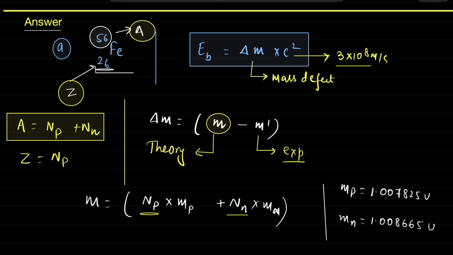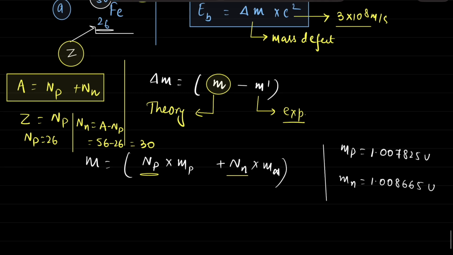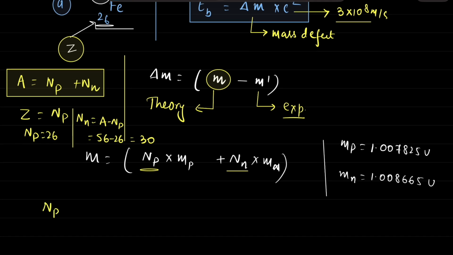In the question, Z value is given as 26, so the number of protons is equal to 26. The number of neutrons is equal to A minus Np. A is 56, so 56 minus 26 is equal to 30. So the number of protons is 26 and the number of neutrons is 30.